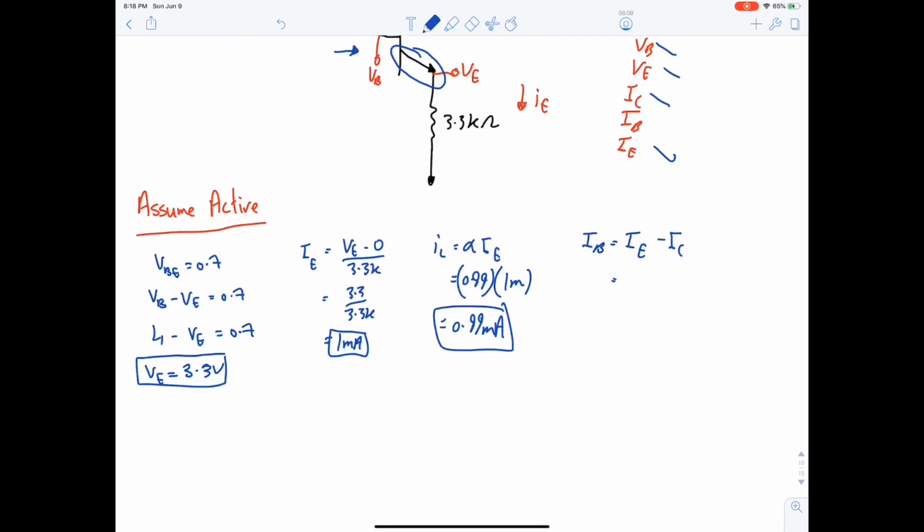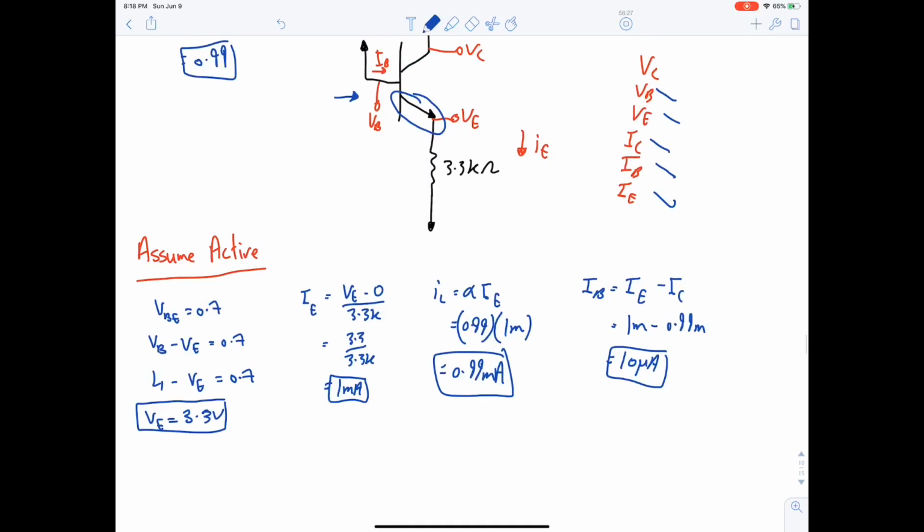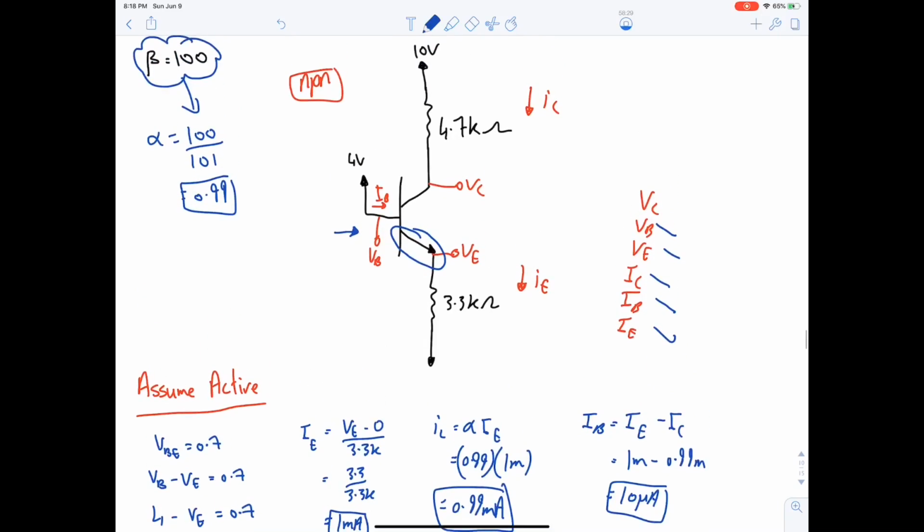Moving on. So IB is 1 milli minus 0.99 milli, which will give us 10 microampere. Okay. IB, we're done.